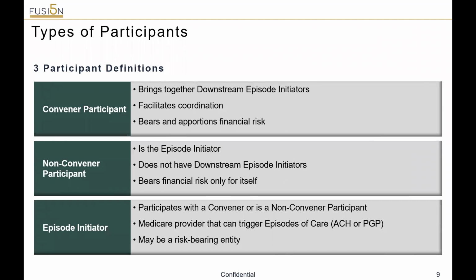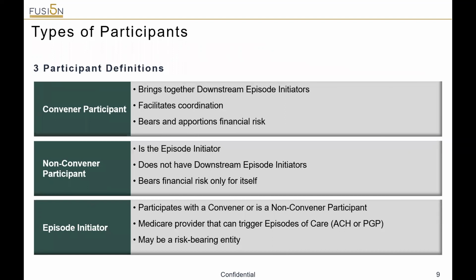So let's define those three types of participants that we've talked about. A convener participant, what is a convener? A convener is somebody who brings together a variety of other downstream episode initiators. So Fusion 5 is a convener, and we bring together other physician group practices in orthopedics and cardiac, in gastrointestinal, liver, if you will, services, or hospitals as well.